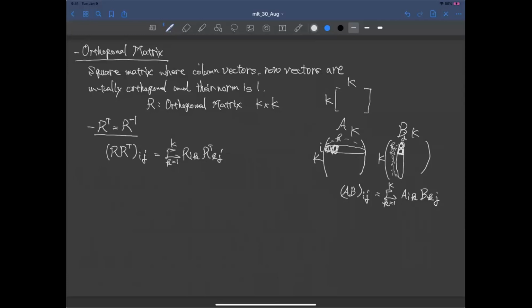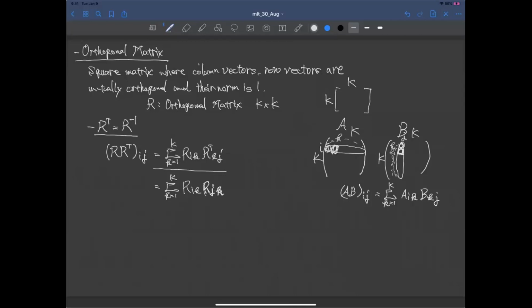So that's why we can write the ij element of R times transpose R like this. That's why this can be written as R_jk.